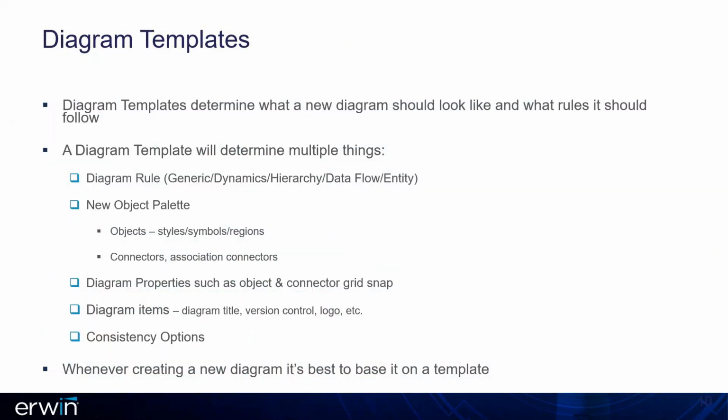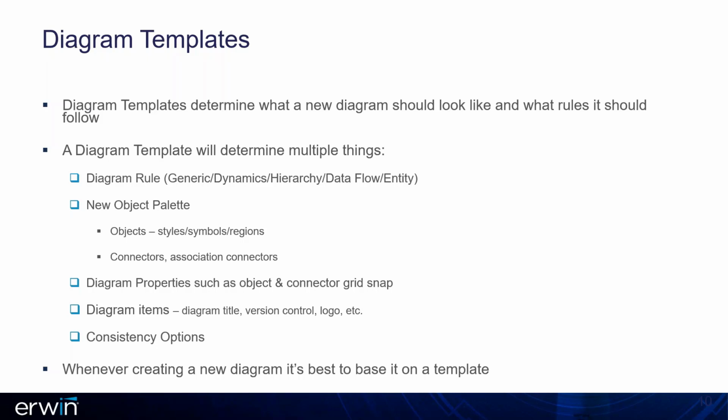So when we talk about creating diagram templates, the diagram templates will determine what a new diagram should look like and what rules it should follow. And so a diagram template will determine multiple things. It will determine the diagram rules, so whether it's generic, dynamics, hierarchy, data flow, or entity, and we covered that in a previous module, so you can review that information.